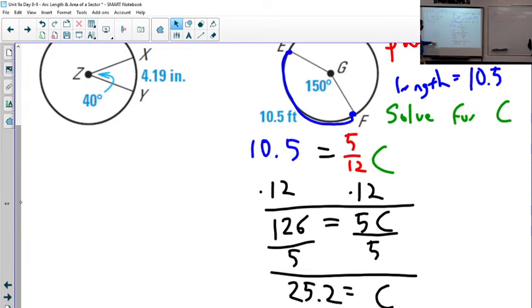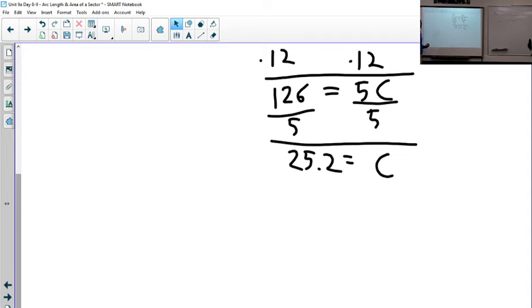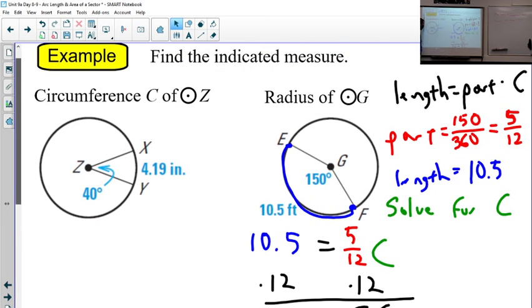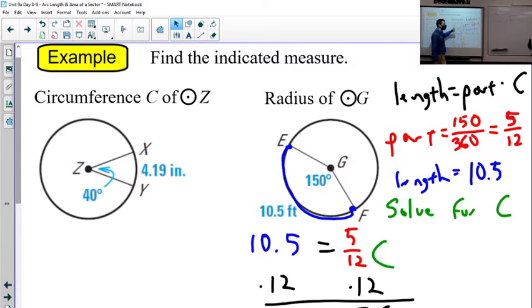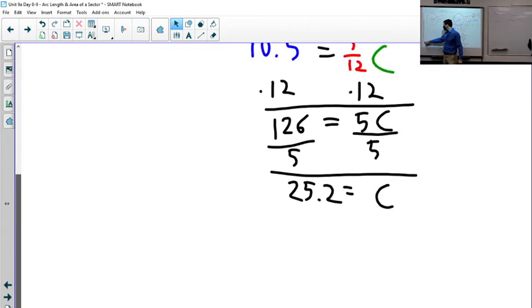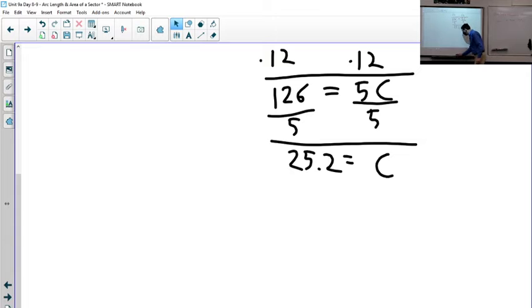Now the catch is that we're not done yet, because it didn't ask for circumference, it actually asked for radius, which we are going to use circumference to get, the same way that we just did on the last problem I showed you.